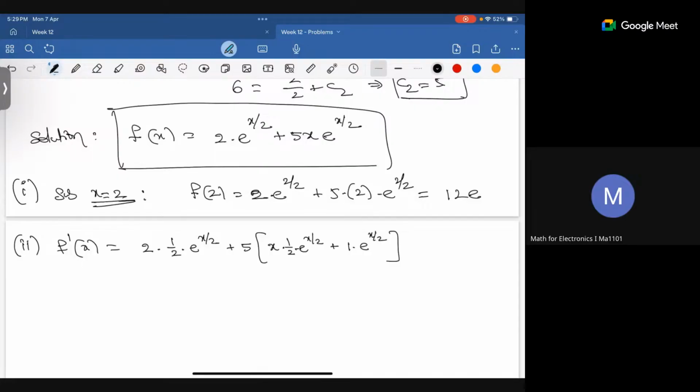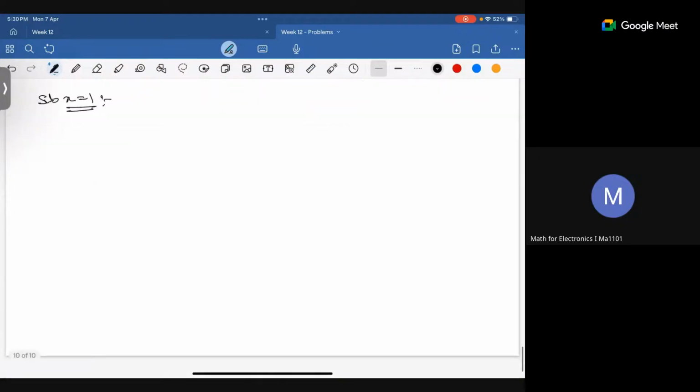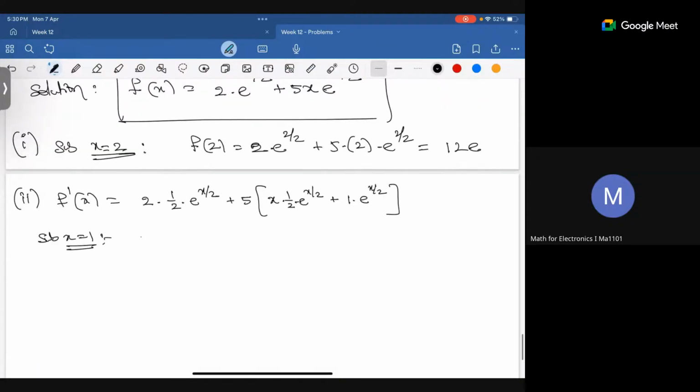Once I have f prime of x, I will substitute x equals 1 because I need f prime of 1, right? F prime of 1.